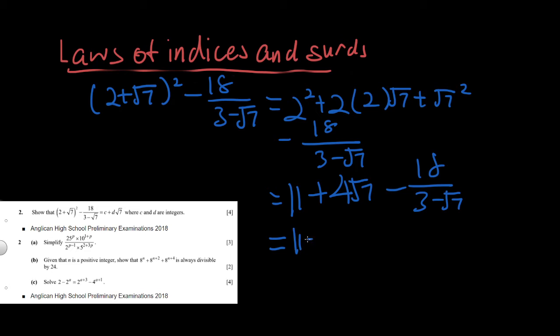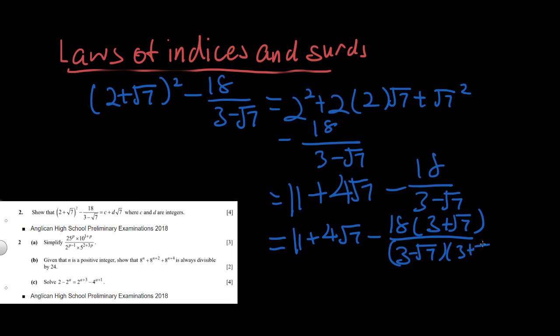The way to do this is to multiply by the sum instead of the difference: 18 times (3 plus square root 7) over (3 minus square root 7)(3 plus square root 7).